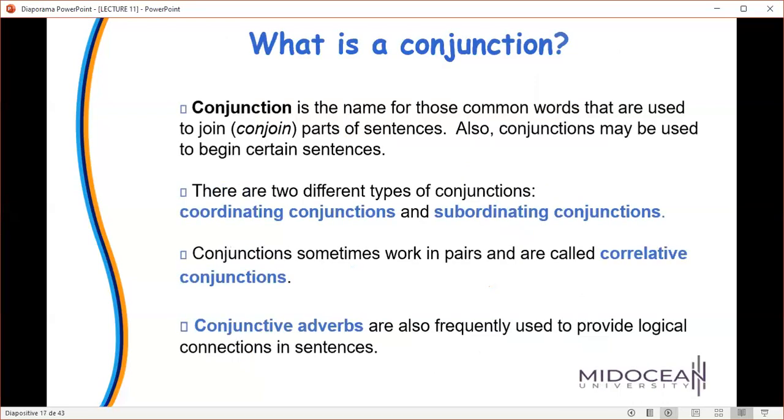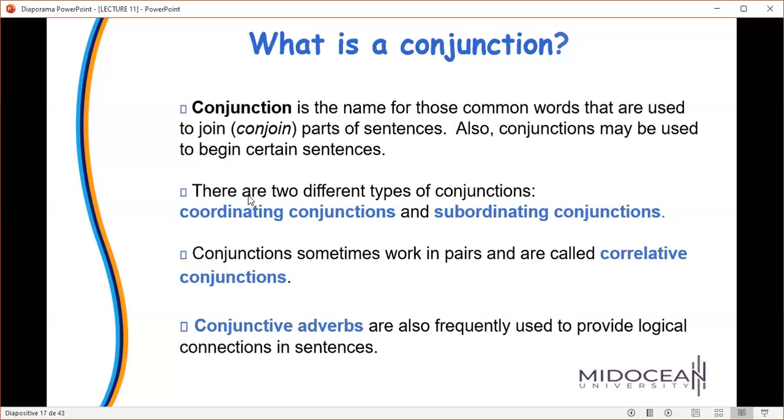So, what is a conjunction? Donc, c'est quoi la conjonction? Conjunction is the name for those common words that are used to join parts of sentences, okay? Also, conjunctions may be used to begin certain sentences.